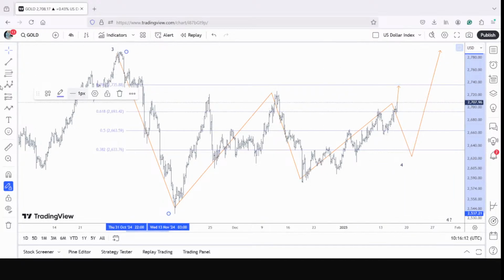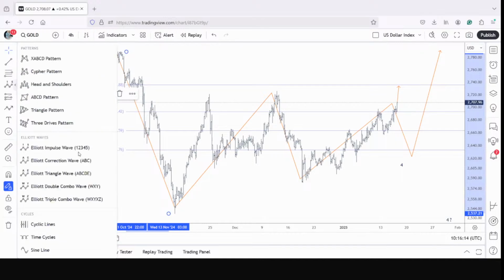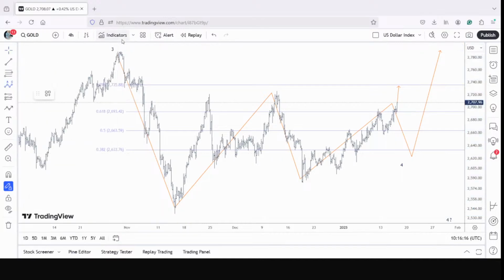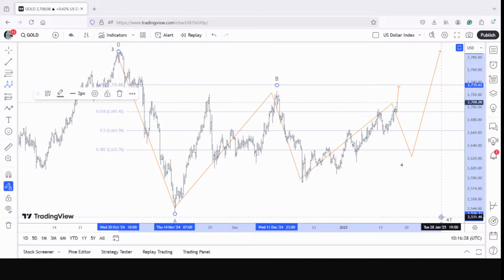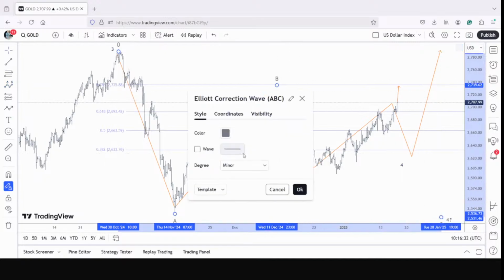That means the wave B, remember, let me do it again, please. We are looking for a minute A, and if you remember, minute B was printed here, and we are expecting minute C lower. Let me change the degree to minute quickly.